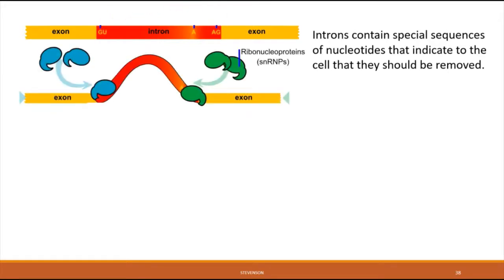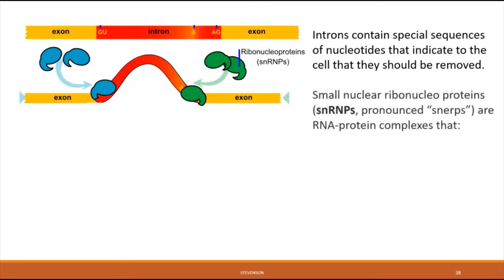The cell sends out what are called small nuclear ribonucleoproteins, which is abbreviated SNRNPS and is pronounced SNRPs. That is the actual pronunciation of that abbreviation.